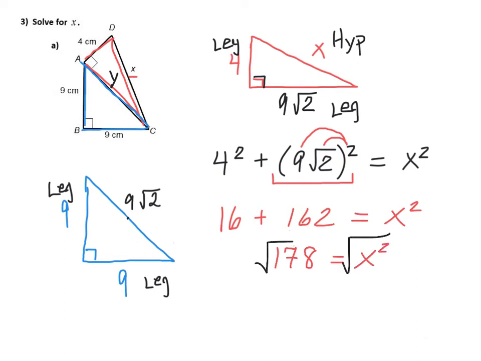Now, unfortunately, 178 is not a perfect square, and my only factors of 178 would be 1 times 178 and 2 times 89. Neither of those are perfect squares, so essentially I'm just left with square root of 178. So that's my final answer for x.